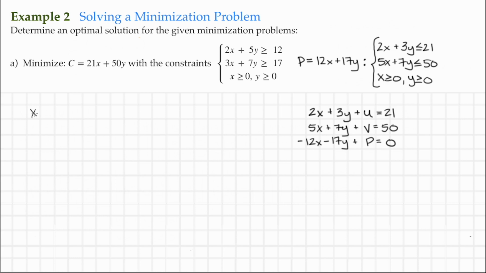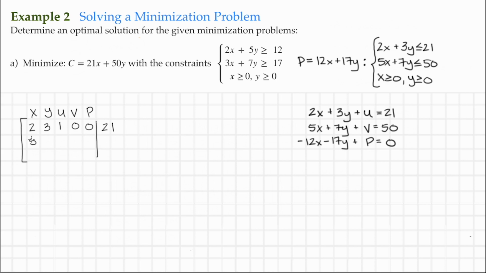We have x, y, u slack variable, v slack variable, and the objective function. Then we'll put in a bracket. And we'll put in 2, 3, 1 for the slack variable, 0 and 0, put in our vertical line. And this will be 21.